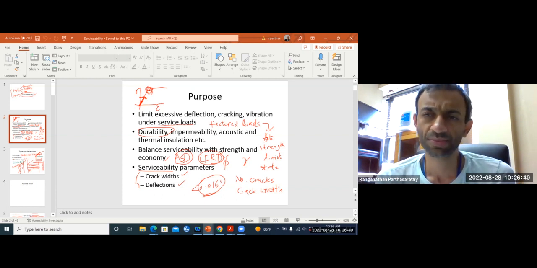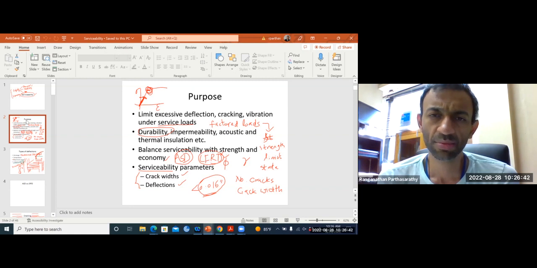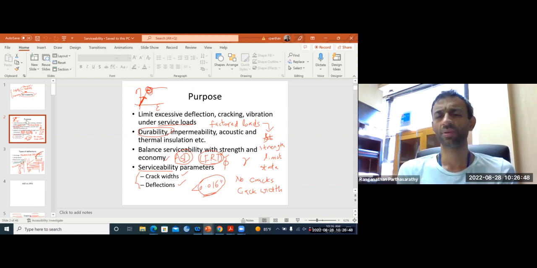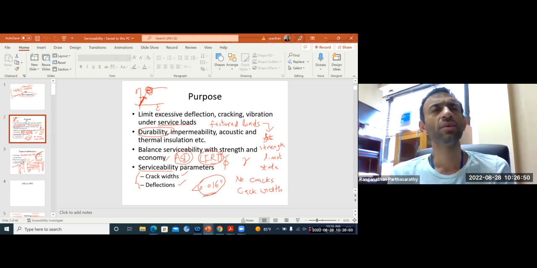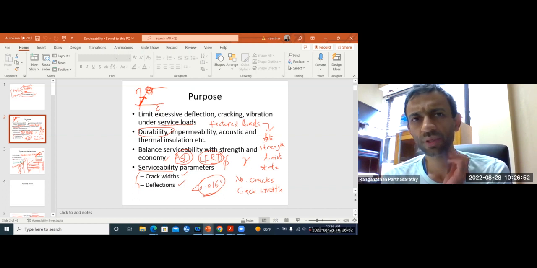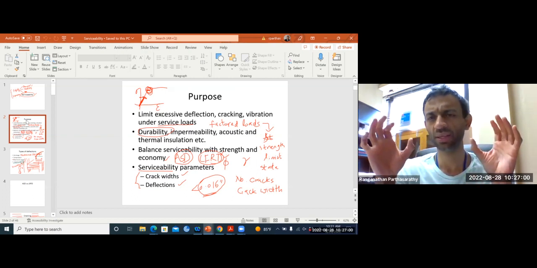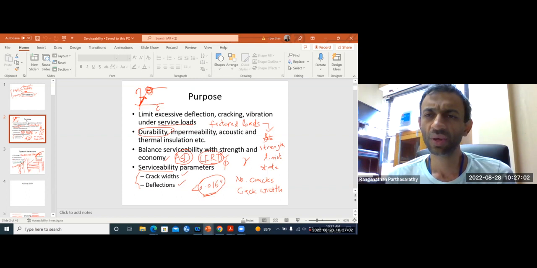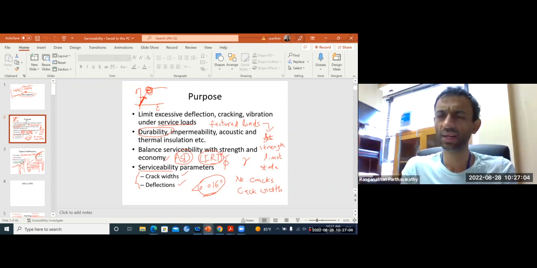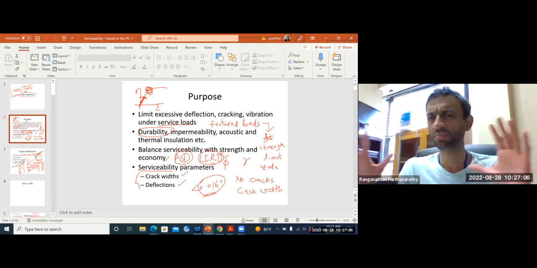Okay. So some very general points about cracking. If you use very few rebars but of large cross-sectional area, then you will have only a few cracks in your beam, but they will all be large.